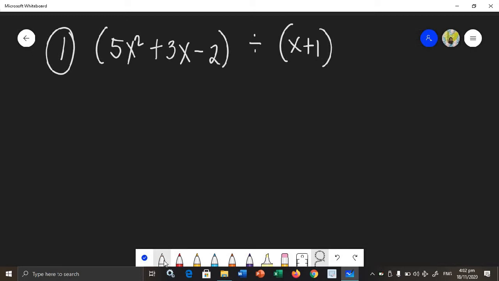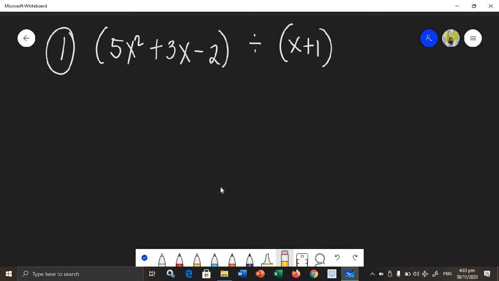What is the constant? As your module says, we will be looking for the value of c. For us to find the value of c, x minus c is the divisor.